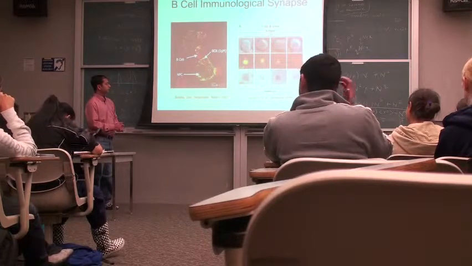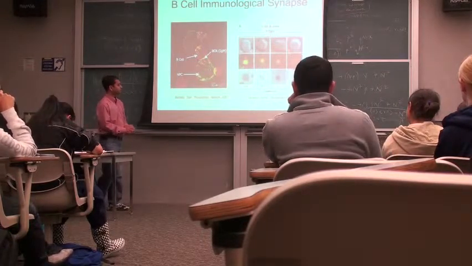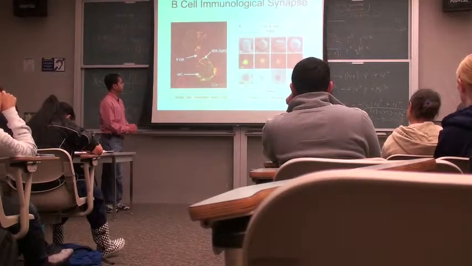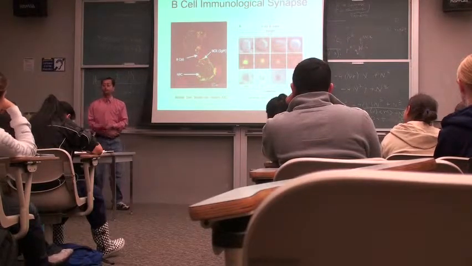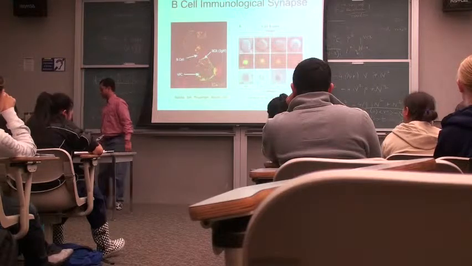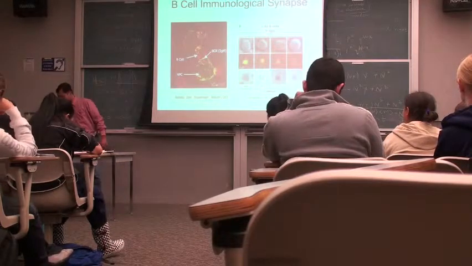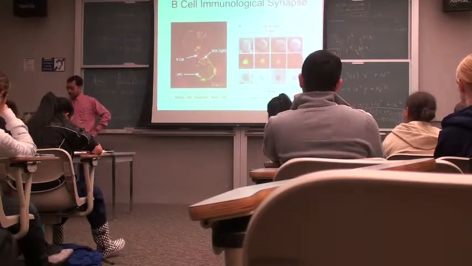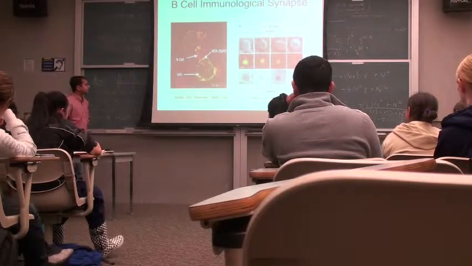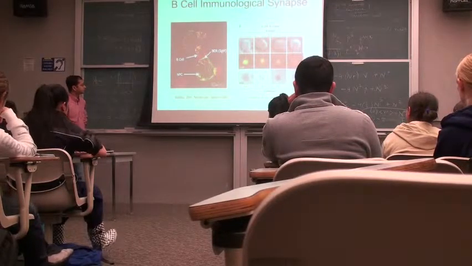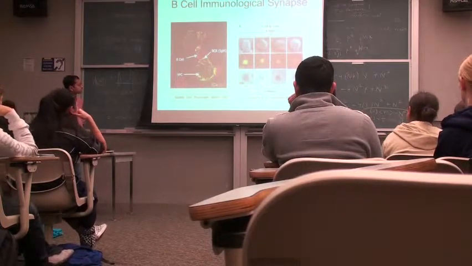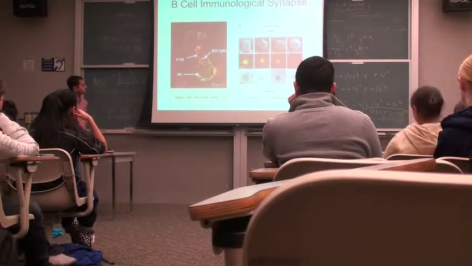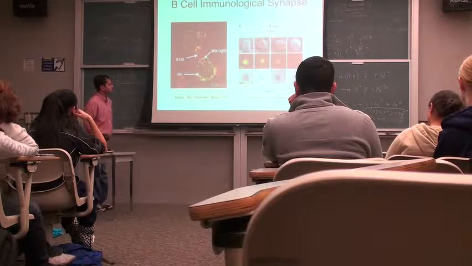So T cells and B cells are adaptive immune cells, and they can recognize foreign antigens, meaning virus proteins. Okay? Proteins derived from foreign pathogens. And what T cells do, they activate a series of critical mechanisms that activate other cells, which can in turn kill those virus infected cells.